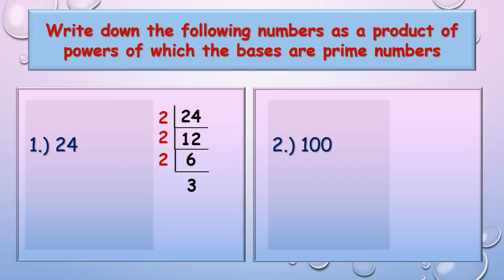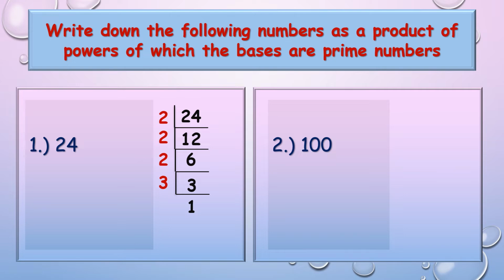Is 3 divisible by 2? No. Then try the next prime number. The second prime number, it's 3. 3 is divisible by 3. Then you can divide 3 by 3. Then you can get 1. Look at the numbers red in color. There are 3 2's and 1 3.